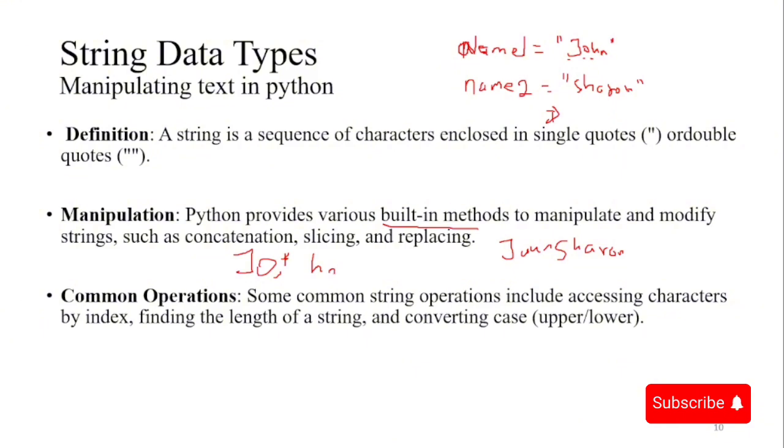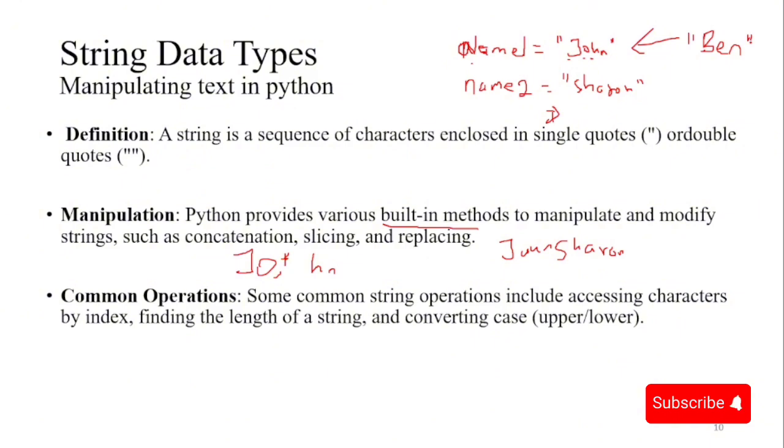For example, John: I want to remove John from my variable name1 and replace it with Bernard, or let's say pen. So we can also replace a string. We will discuss each of these Python string functions later.